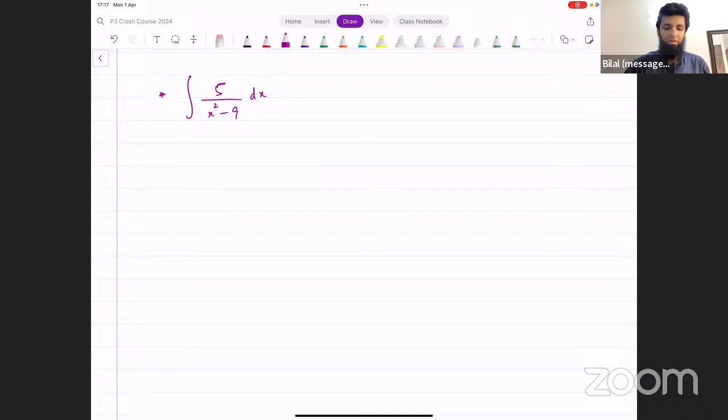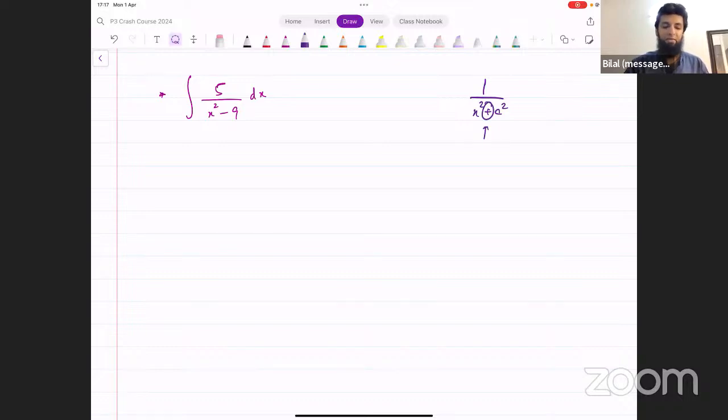Tan inverse rule, does that work? Yes, sir. Sure? Oh, sir, there is a negative in between. There's a minus in the denominator. Remember the form 1 over x squared plus a squared. We need a plus sign here. We can't have a minus sign for the tan inverse form.